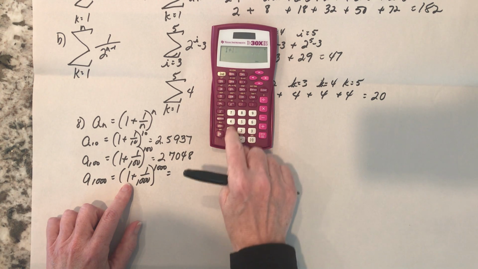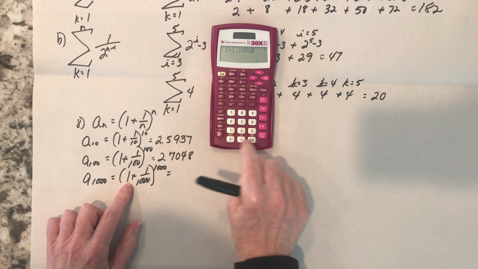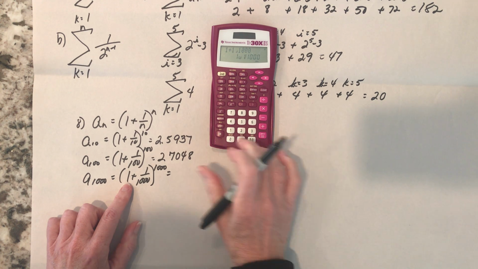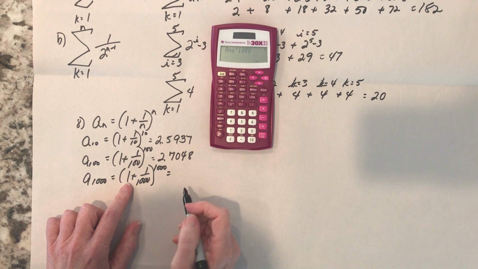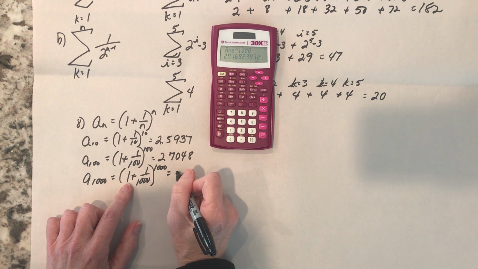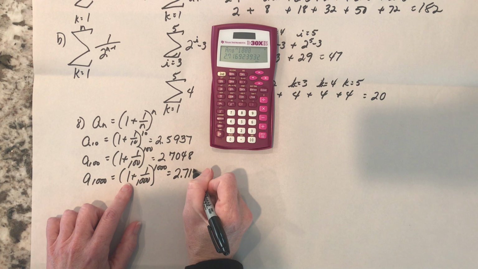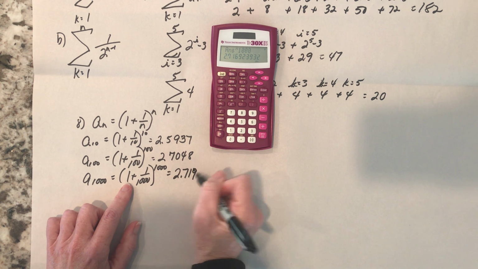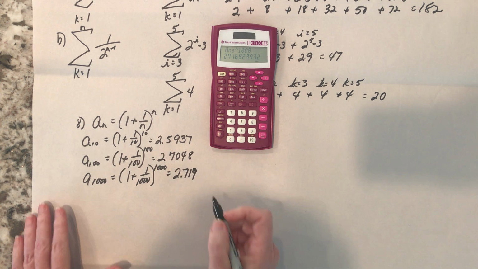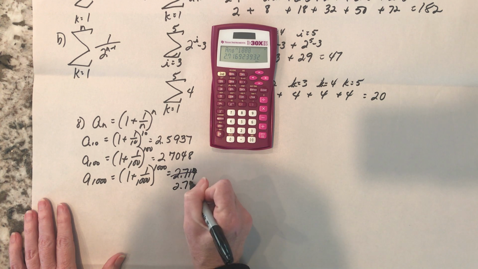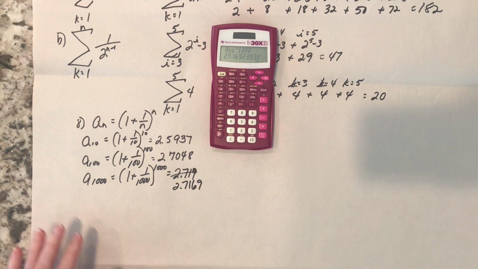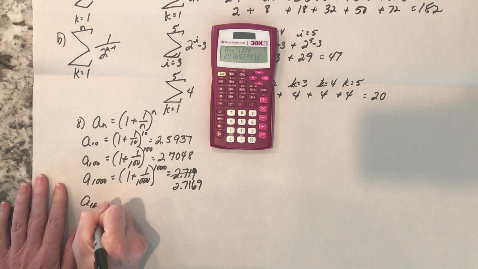One plus 1 over 1,000 equals, and then raise that up to the 1,000th power. We're getting a tiny bit more, 2.7169, and then there is a 2 after that, the 5th place, so we're good. Okay, let's look at A sub 10,000.